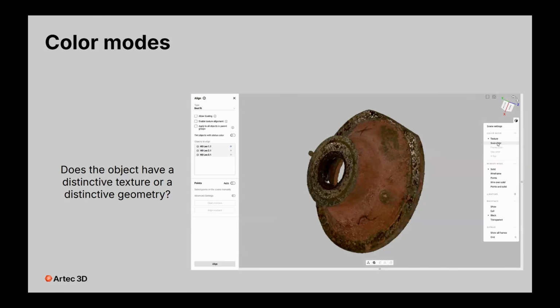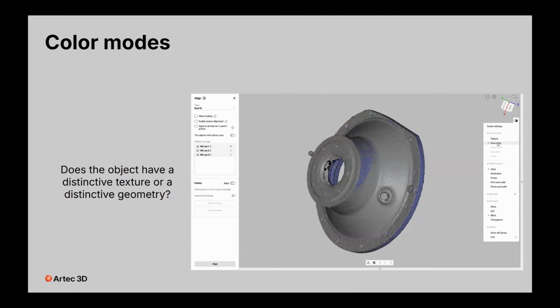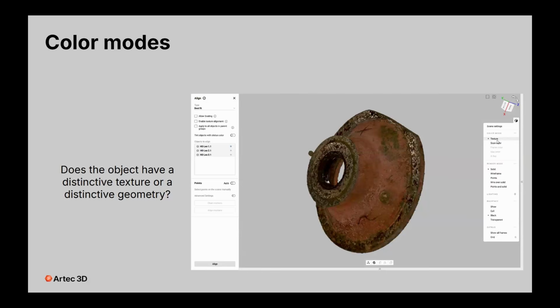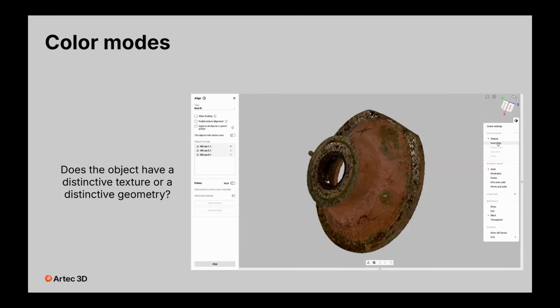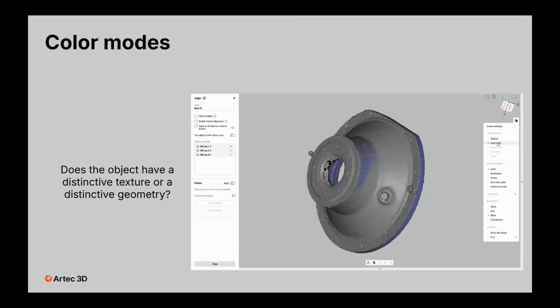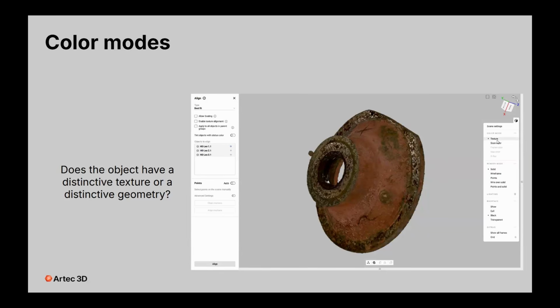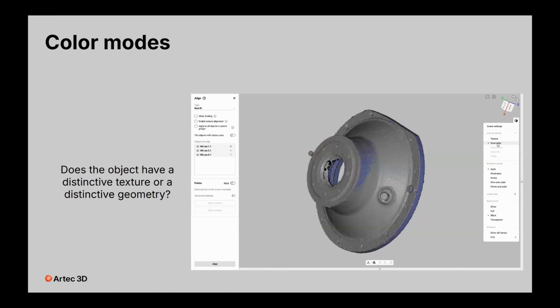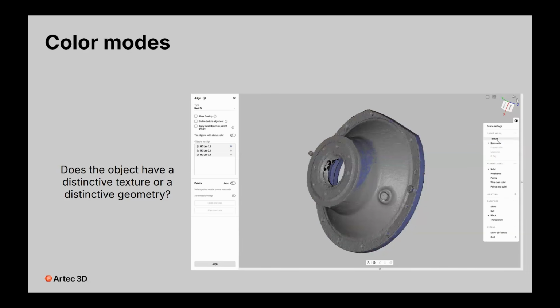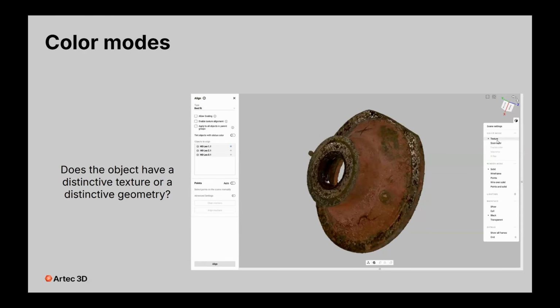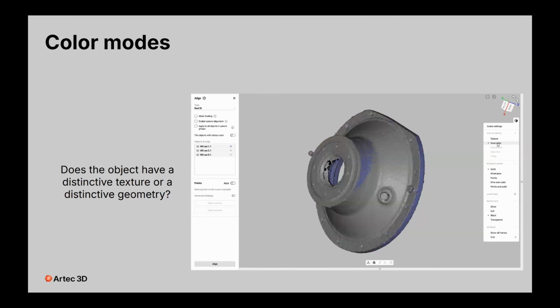And then when you're scanning symmetrical objects, or objects that have little to no geometrical features, you can always switch between the texture and scan color scene settings right here, as you can see on the GIF on the right. You can choose the scan color in case you have a distinctive geometry and it's easy to align your scans relying solely on the geometry.